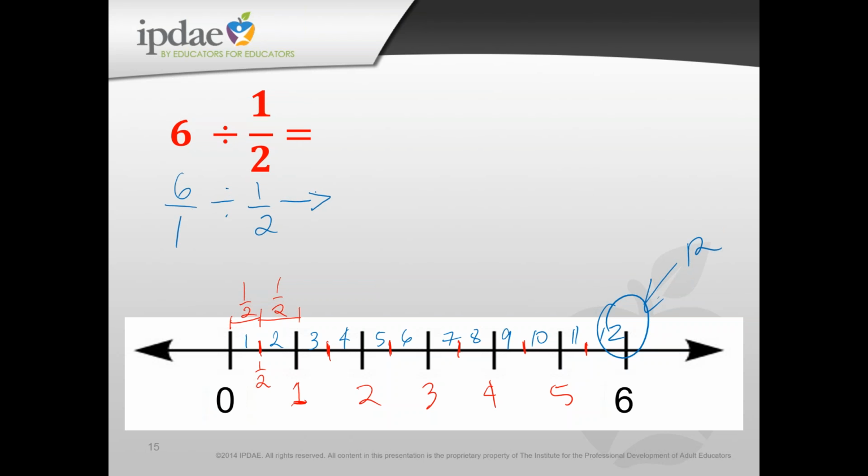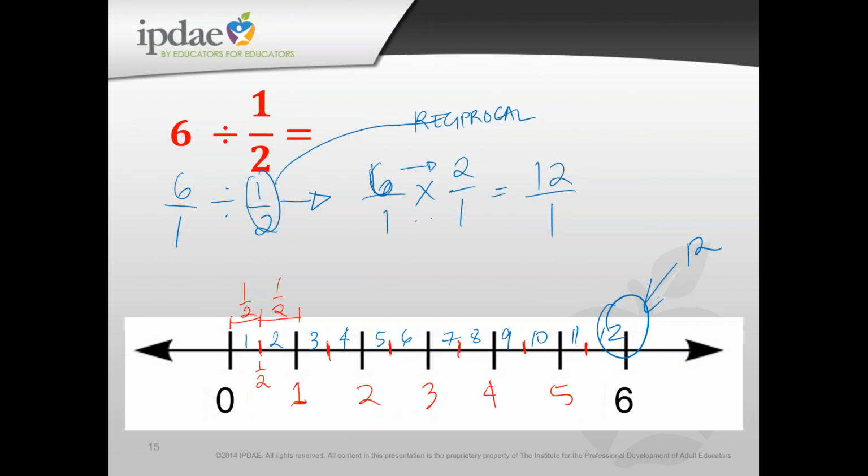Then we tell them, okay, 6 over 1, you change the operation to multiplication and take the reciprocal of the second fraction, or your divisor. That's 12 over 1. Then I tell them to multiply across.